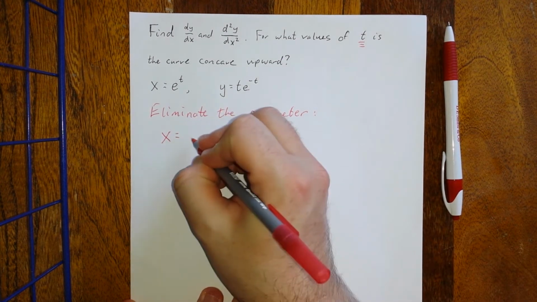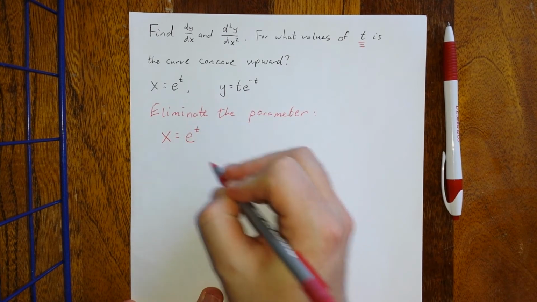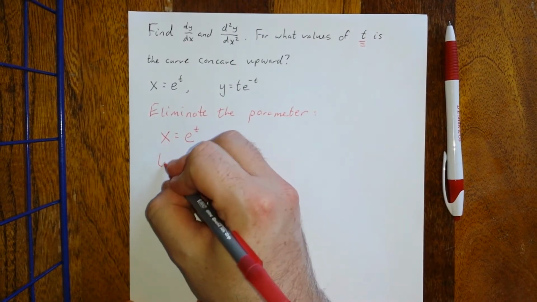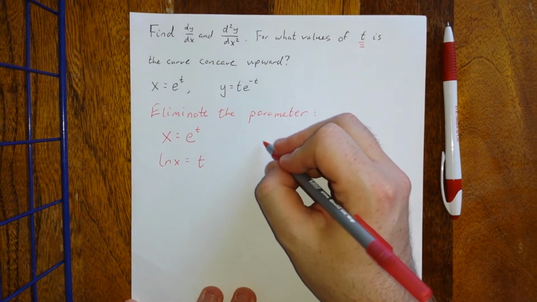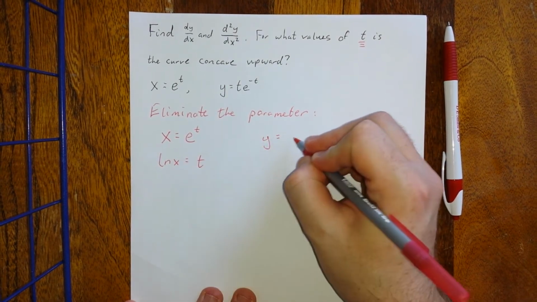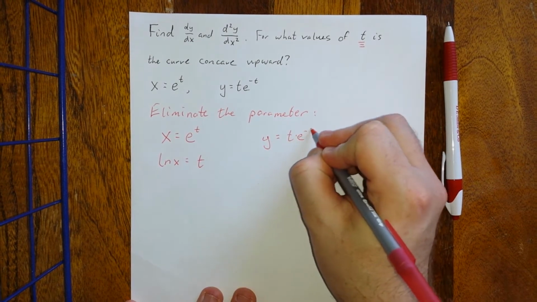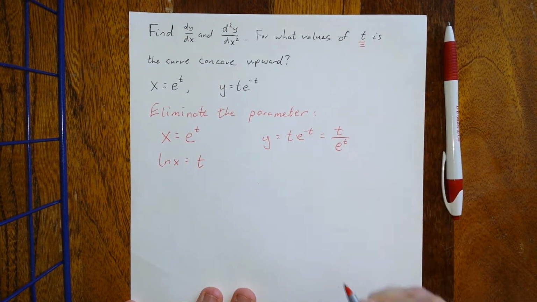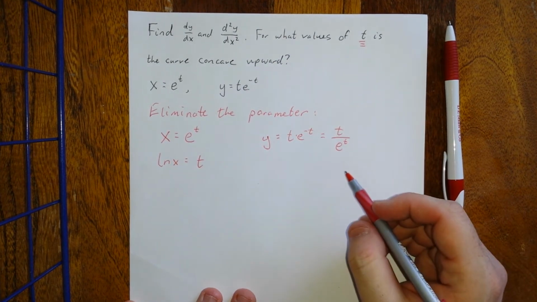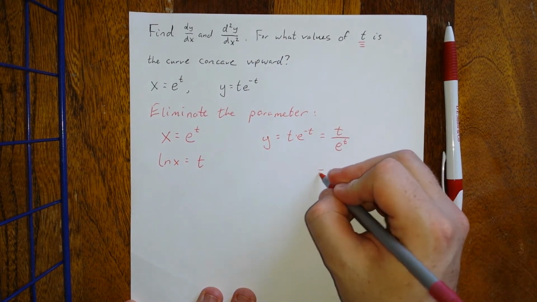We just said that x is equal to e to the t power. If we apply a natural log to both sides, that tells us that the natural log of x is equal to t. Now, y is equal to t times e to the negative t, which is a fancy way of saying t over e to the t power. The negative exponent forces the e to the t down into the denominator.